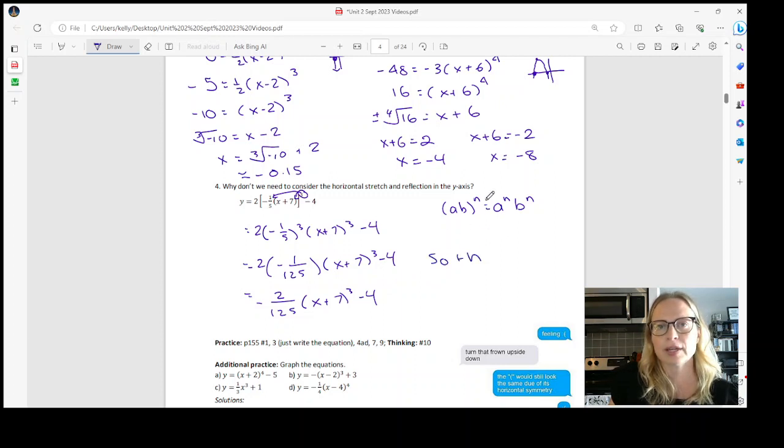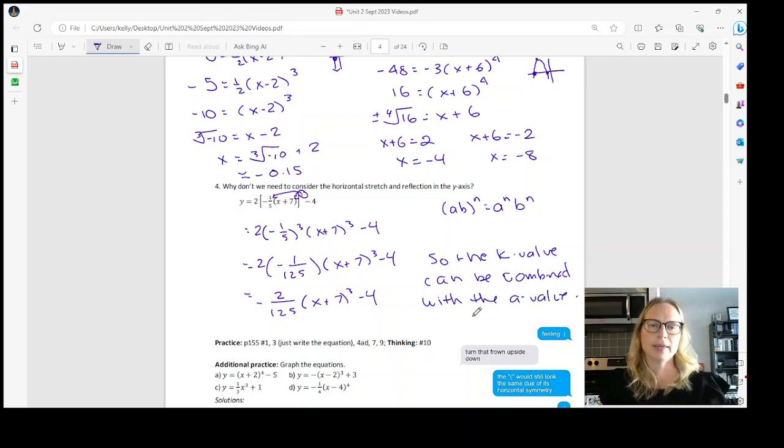So because of the rules of exponents, the k value can be combined with the a value. Okay, and then if we can combine it, then there is no need to consider it separately.